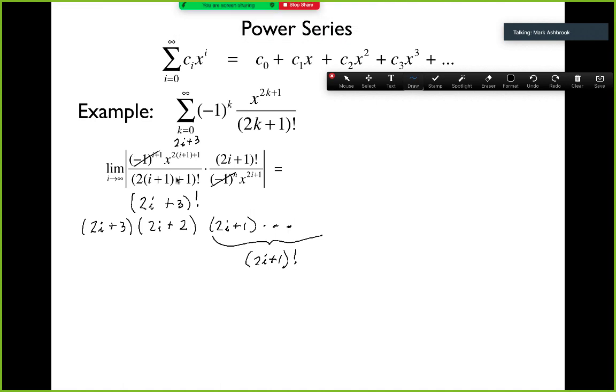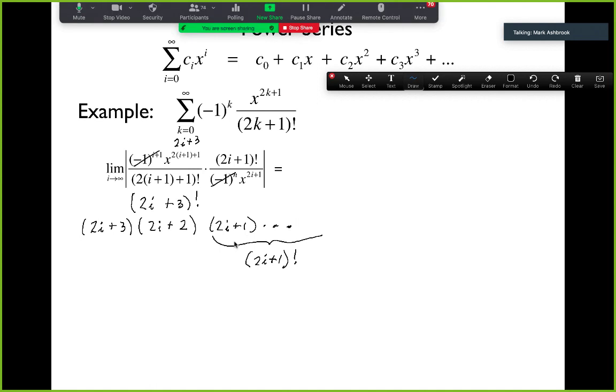So we see that these expressions simplify to the first two factors, 2i plus 3 and 2i plus 2, in the denominator. Then all the rest of the factors cancel out with a 2i plus 1 in the numerator.